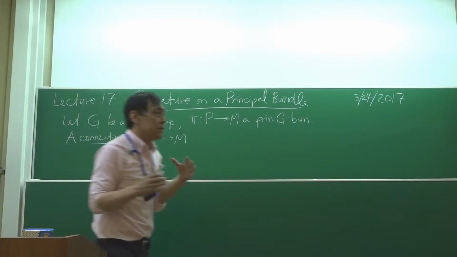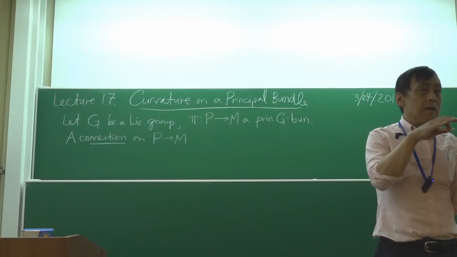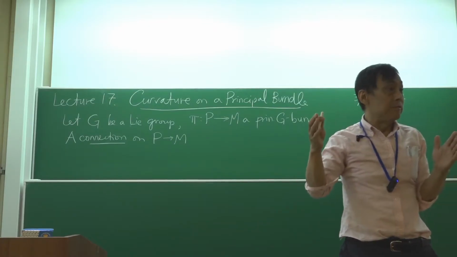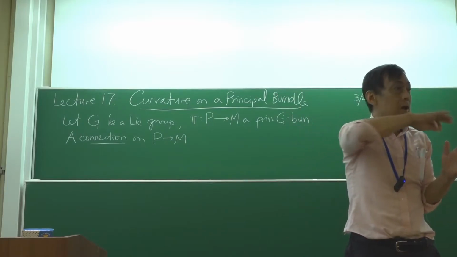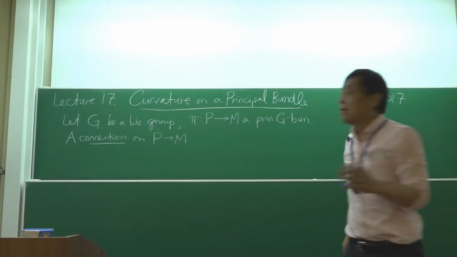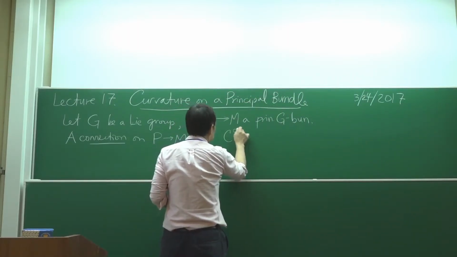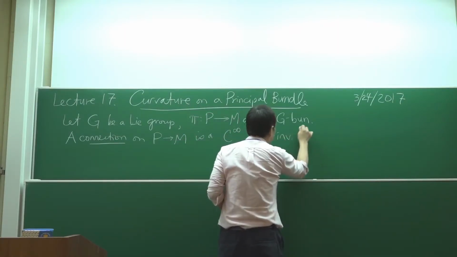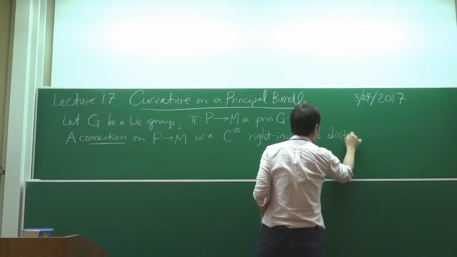So it's something that allows you to differentiate sections. And so it's a way of comparing two different fibers. And that means you want a horizontal distribution, okay? So it is a C infinity right invariant horizontal distribution.